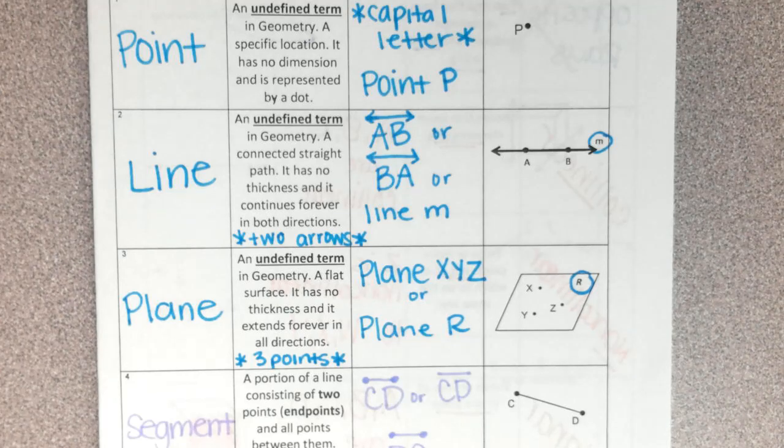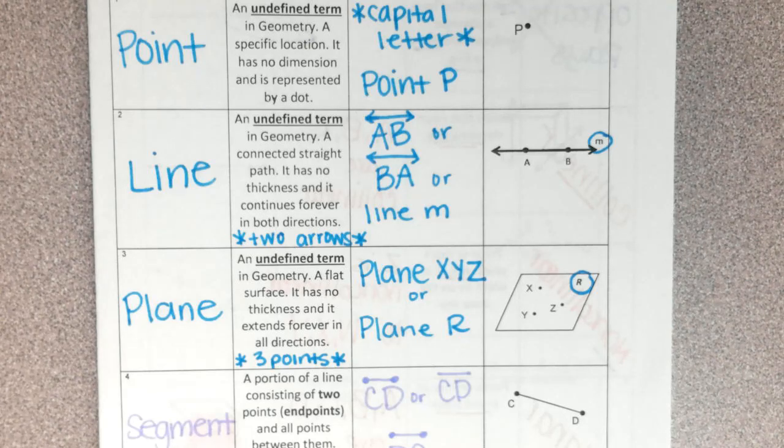All right, what about AB? If I name it AB like this, is it a segment, a ray, or a line? If this is my notation, show me a 1 for segment, a 2 for line, and a 3 for ray.